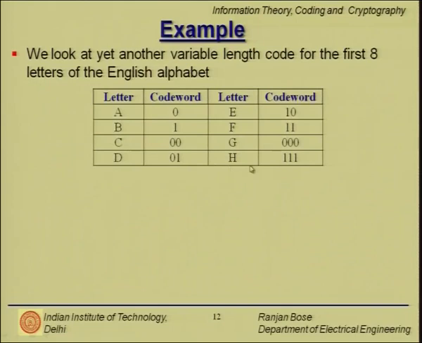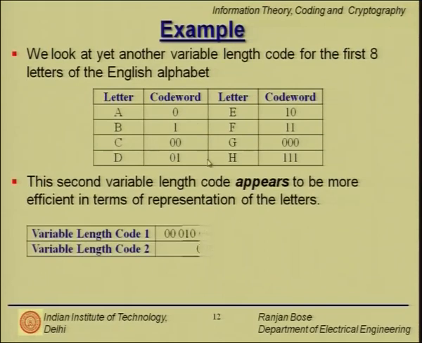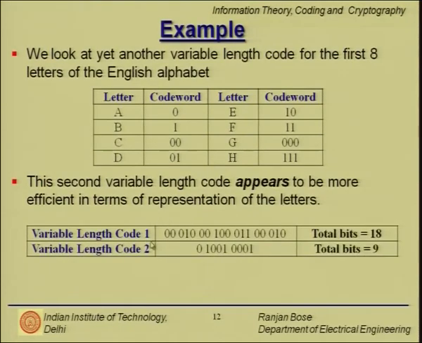Again we have A, B, C, D up to H, and instead of 2 bits or 3 bits we start off with 0, 1, 00, 01, and this appears to be even more efficient because we are using fewer bits. Just compare variable length code 1 and variable length code 2, and we come up with this remarkable observation that the second variable length code actually needs half the number of bits for this particular case, a bad cab.